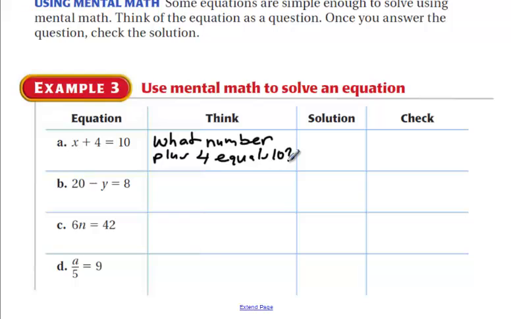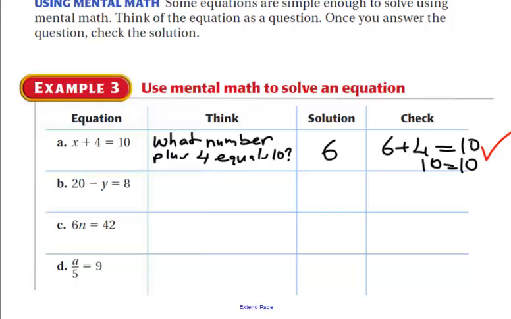I need to add 6 with 4 to get 10. So let's check. Is 6 plus 4 equal to 10? Yes, 10 equals 10. Then we are right.